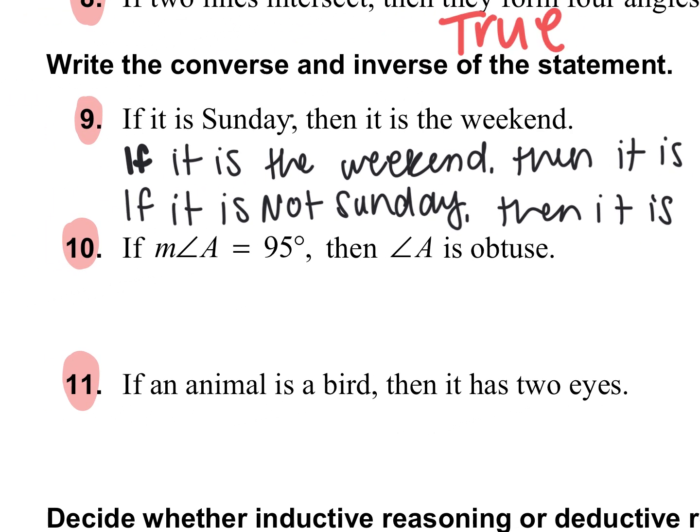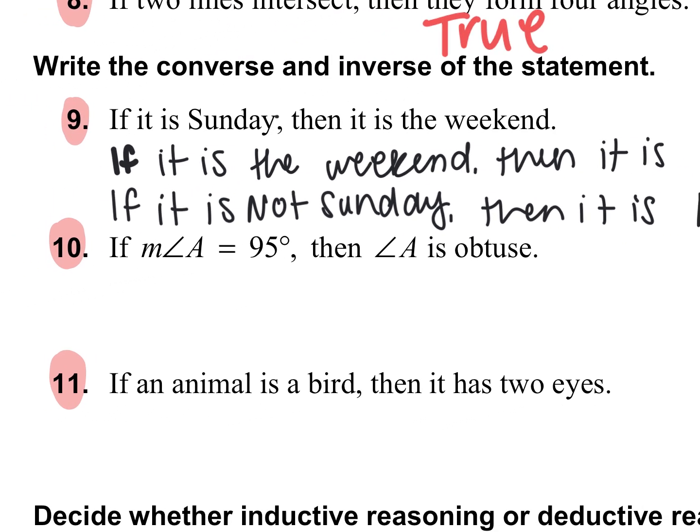Go quickly. All right, if the measure of angle A is 95 degrees, then angle A is obtuse. How would I write this as a converse? How would I write this as a converse statement?